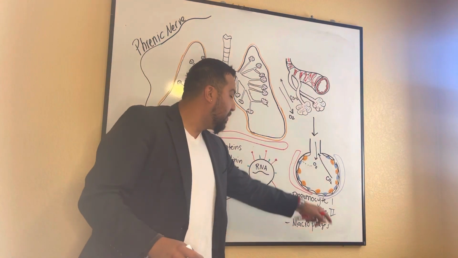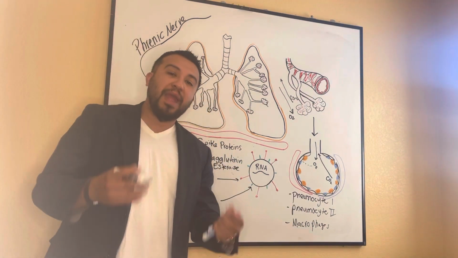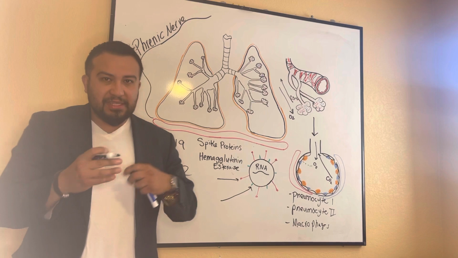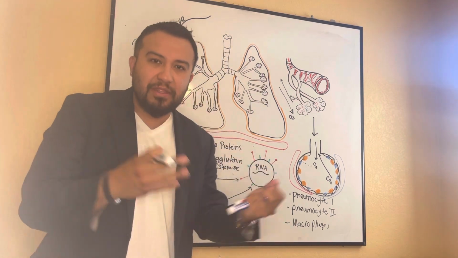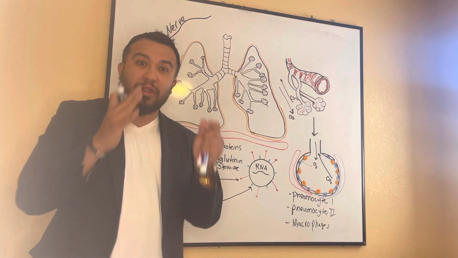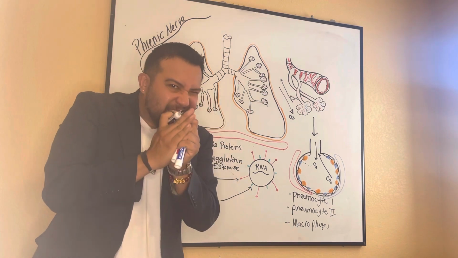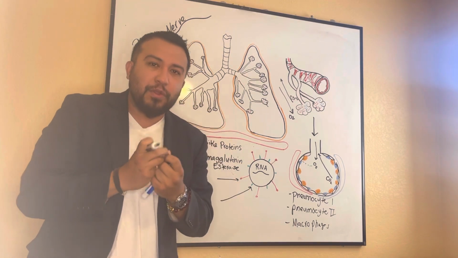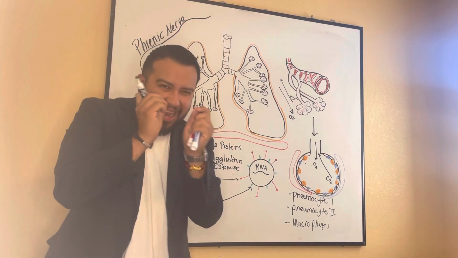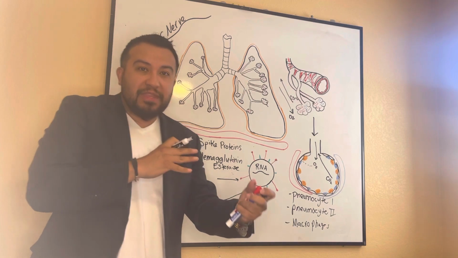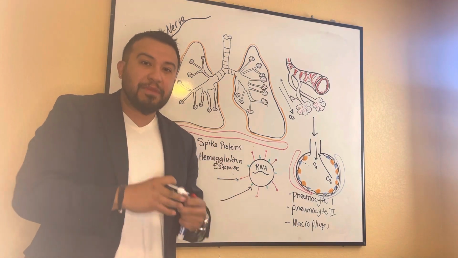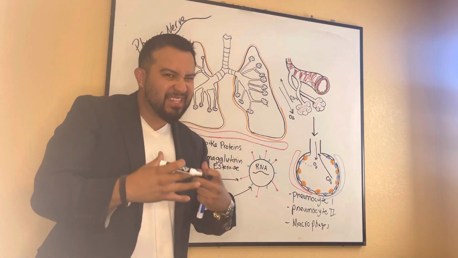Your pneumocyte 2 cells produce something called surfactant. Surfactant is a substance that prevents the surface tension from increasing within our lungs. What that means is that it prevents our alveoli from sticking to one another, because inside the alveoli there's fluid in the sense of tiny little water molecules that allow for the inside of the alveoli to be the right temperature, the right moisture, and things like that.